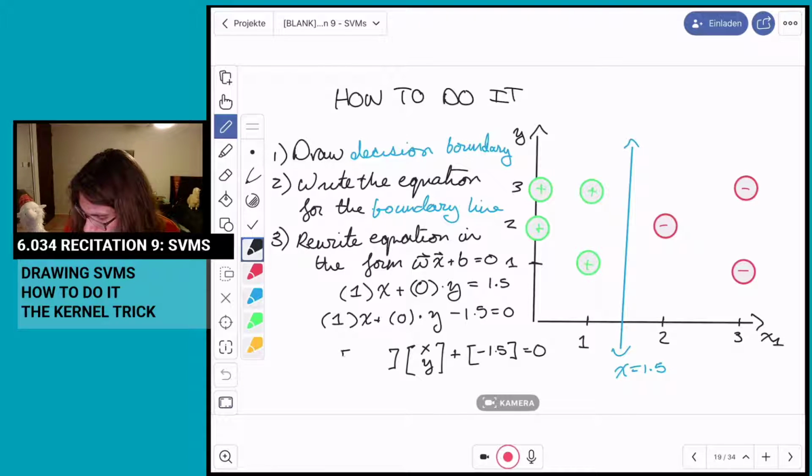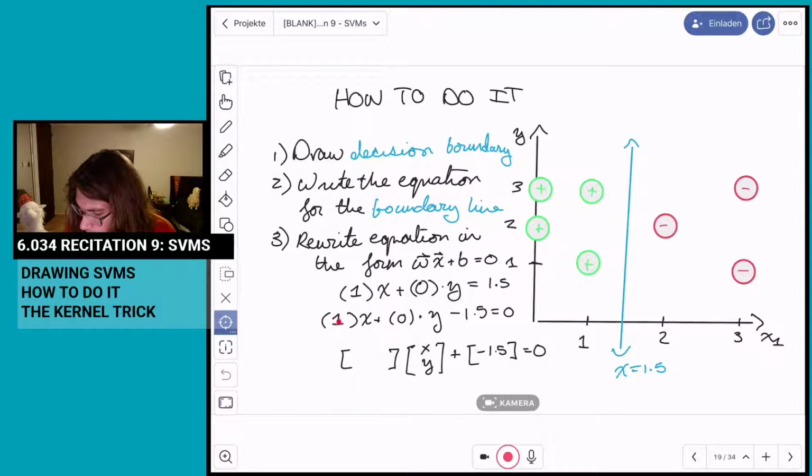And I'm missing something. When I packaged the x and y into this vector form, I lost some information because I had the 1 coefficient and the 0 coefficient. I want to quickly brush over what a dot product is.